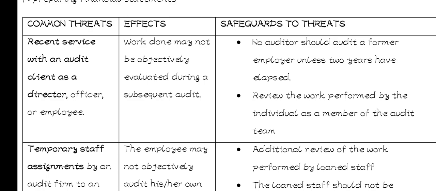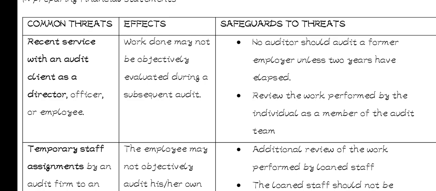So now it happens that maybe after 6 months, you are supposed to go and audit MTN where you were working 6 months ago. So you may not objectively evaluate the financial statements or do what you are supposed to do because you already know what goes around in that company.